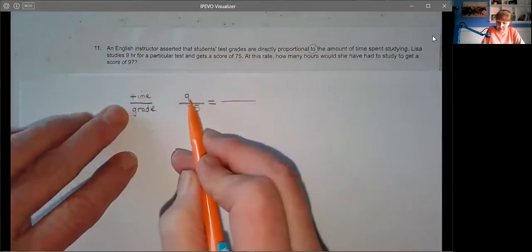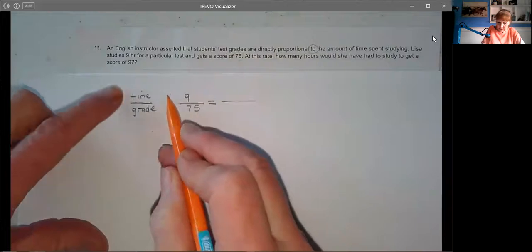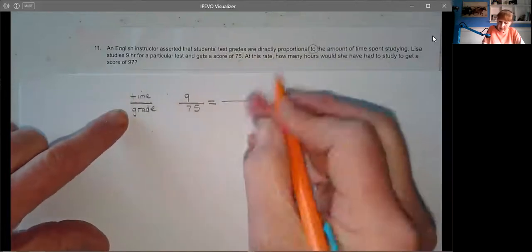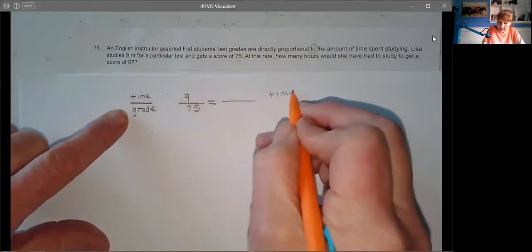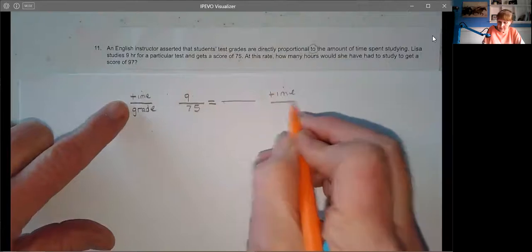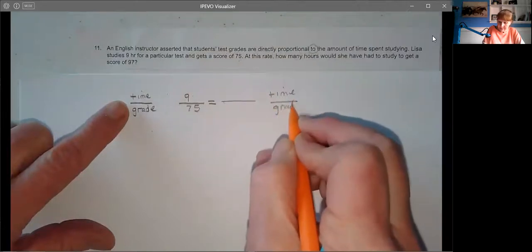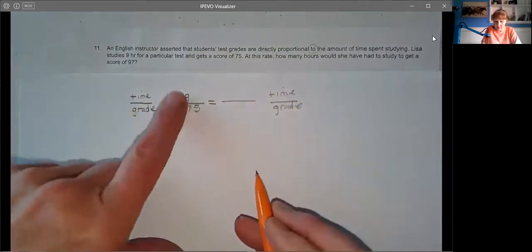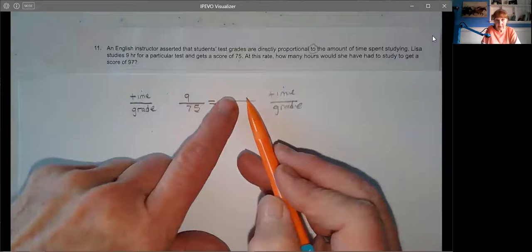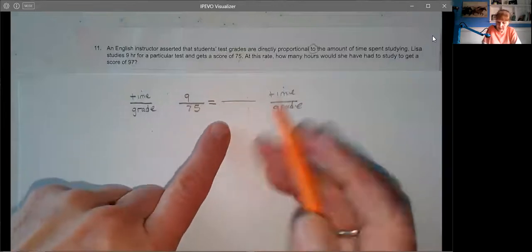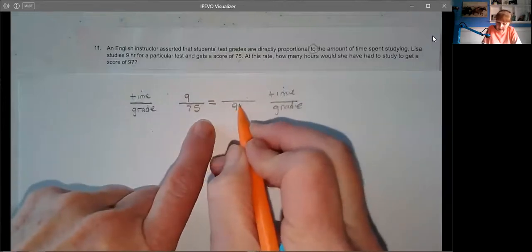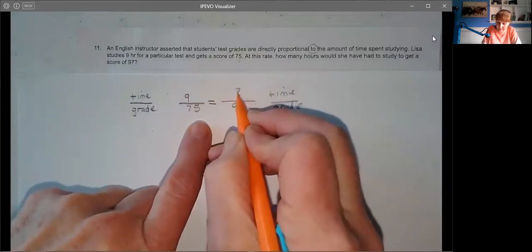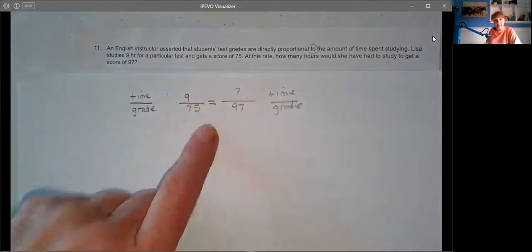So like I say, it didn't matter if you had grade over time or time over grade. On this side, make sure you stay consistent with what you did over here. That's what matters. So here we've got time over grade. Here you're going to have time over grade. And the grade they want is a 97. How much time to get a 97?